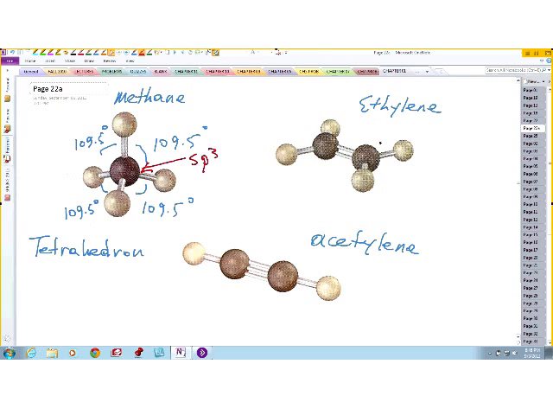Okay, so the point to be made here is, you have this carbon here, this bond angle right here is 120 degrees, this bond angle right here, 120 degrees, and also this bond angle is 120 degrees. We also have to be able to explain that.